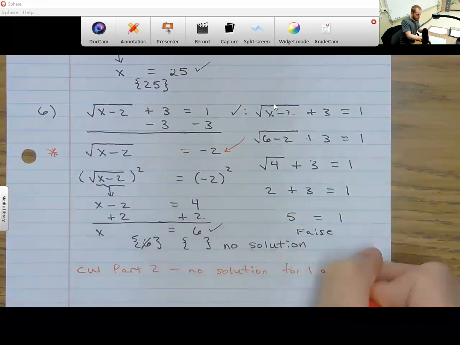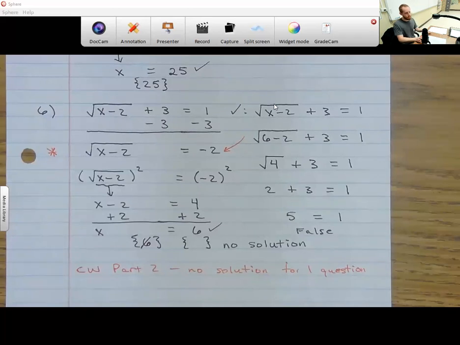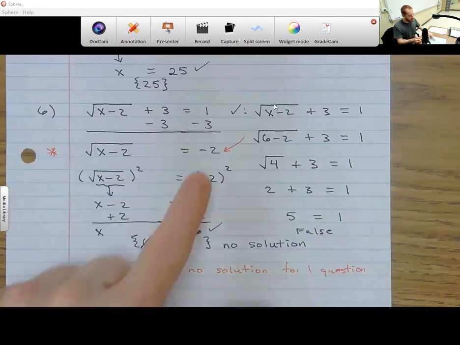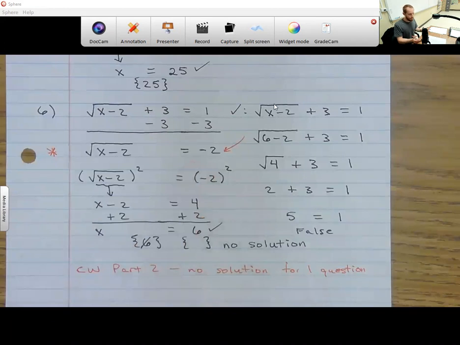For one question, there will be no solution. So it won't be the homework for today, but the homework for Wednesday, one of them is going to be no solution. And that's because you're taking the square root of any number. You're not going to get a negative number out of that. It's impossible. So that's why this is no solution. It's because you got a negative number on the other side. Okay?